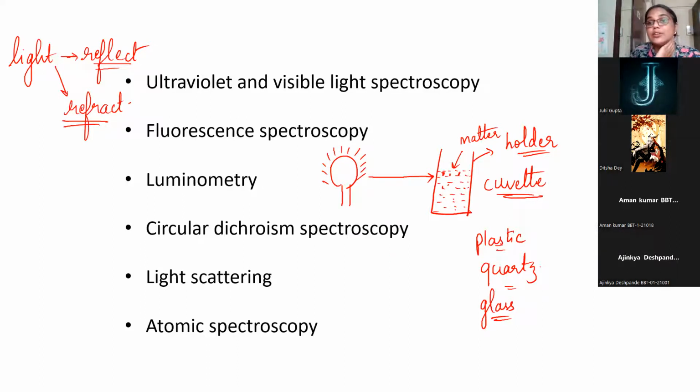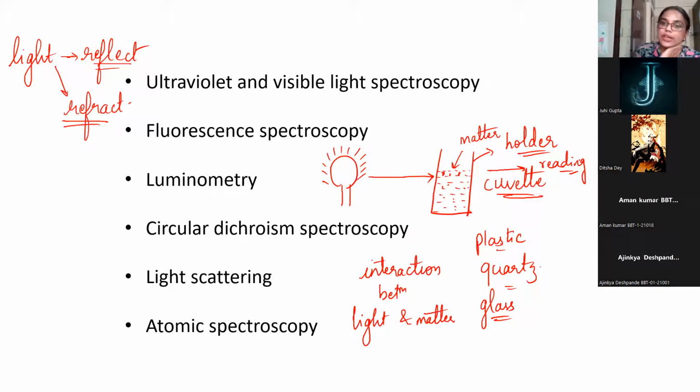There is going to be a certain interaction. I would use the word interaction. Interaction between whom? Interaction between the light and matter. And this is going to give you a certain reading on the spectrophotometer. This is like a simple pathway that happens. That is how the spectrophotometer works.